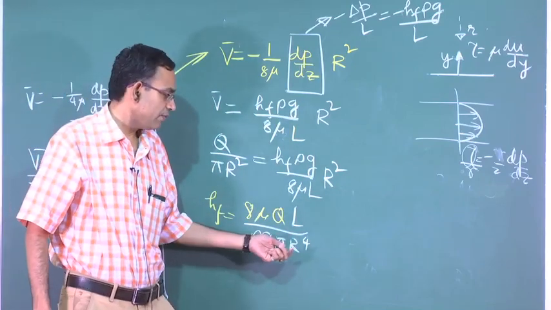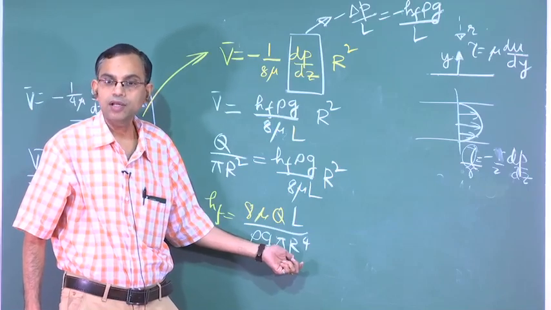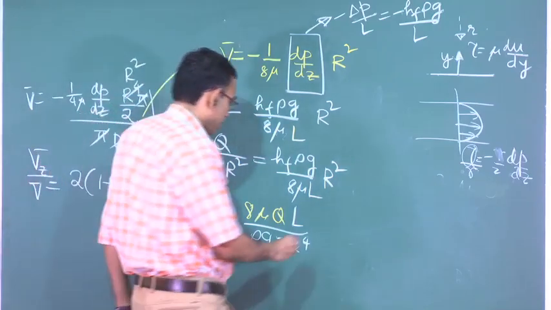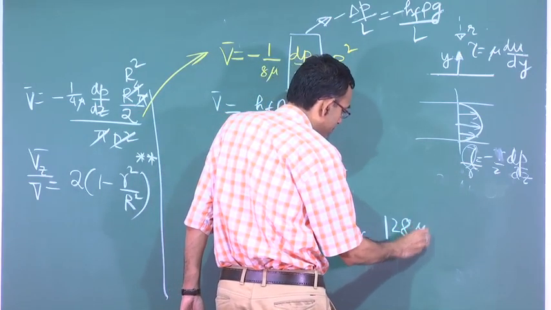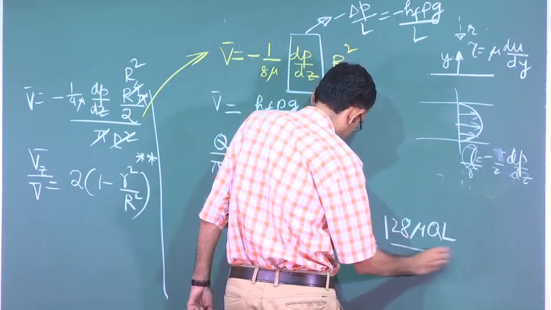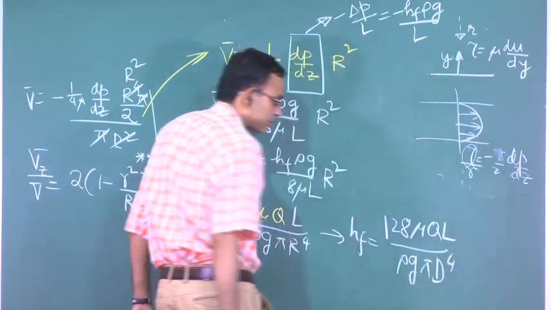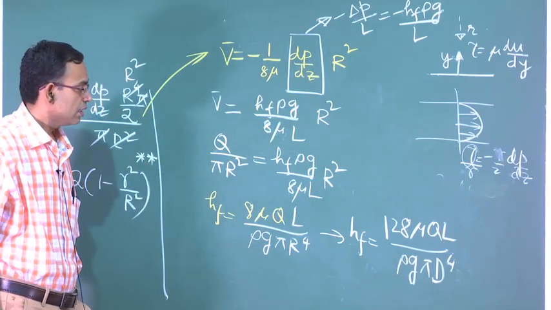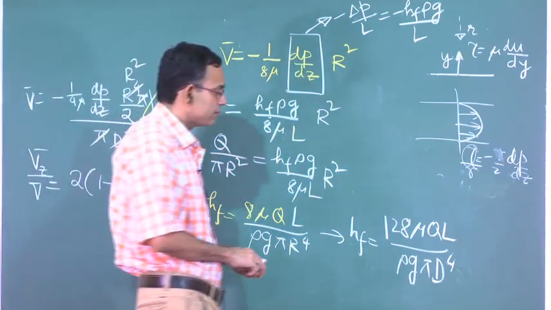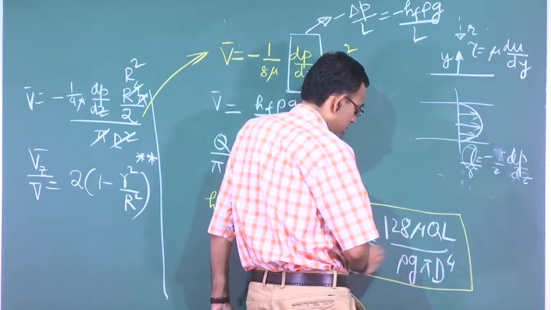Sometimes engineers prefer to use diameter instead of radius. So, r is d by 2. So, it becomes HF is equal to 128 mu q L by rho g pi d to the power 4. This is classically known as the Hagen-Poiseuille equation.